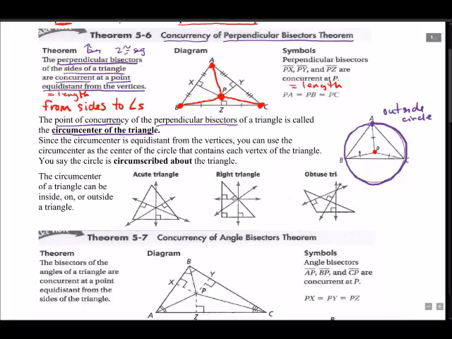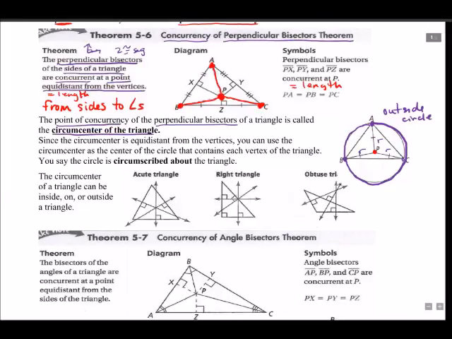And think about it. This is a radius, this is a radius, this is a radius. They're all the same length. So we can draw a circle around the outside of our triangle that intersects each vertex.